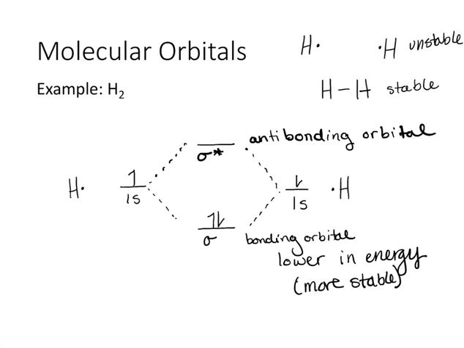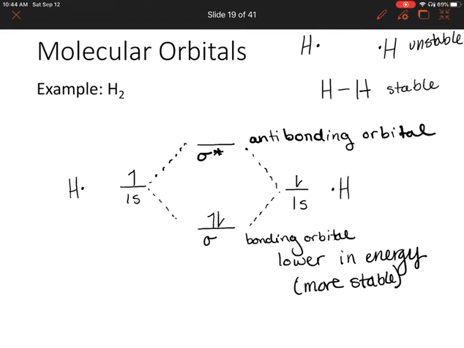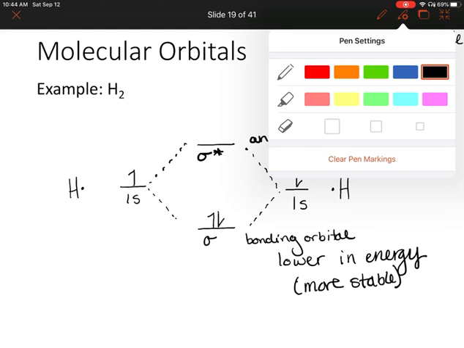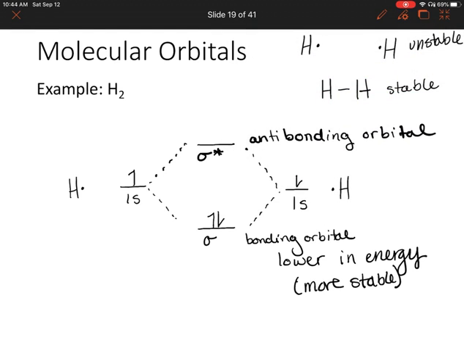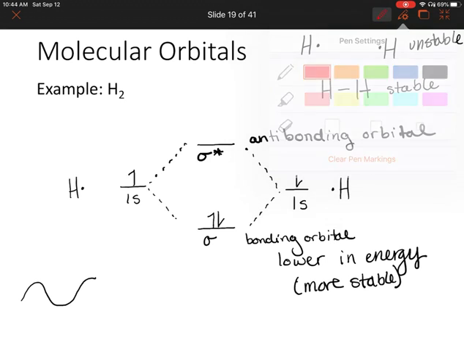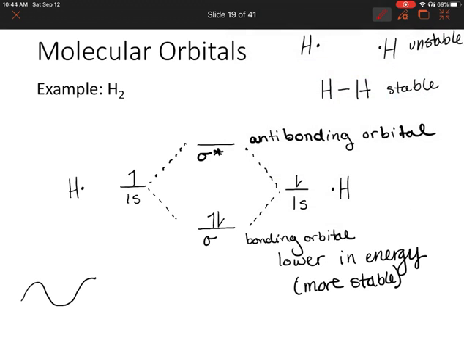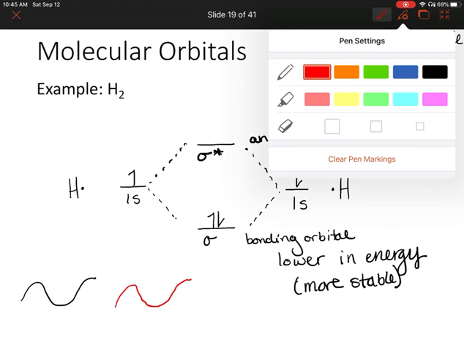But if we think about the wave-like behavior of electrons, so let's say we have a wave for one electron, and then we have a wave for our second electron. And then let's say they join forces.